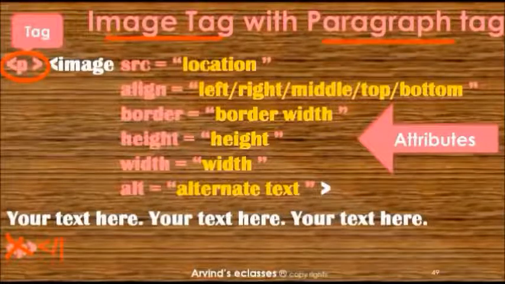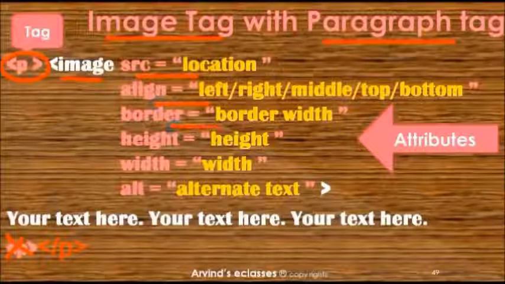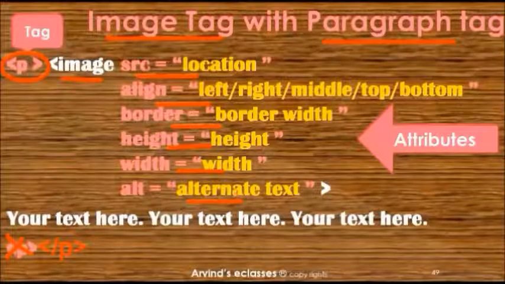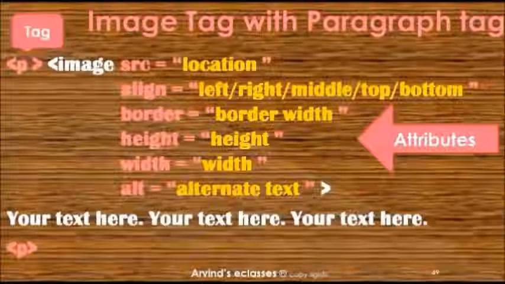It should be like this, /p, because it is the end of the tag. Okay, and here inside the paragraph tag we are using the image tag, and you already know about its attributes: source, align, border, height, width, and alternative. So let us do a practical on how we can use the image tag with the paragraph tag.